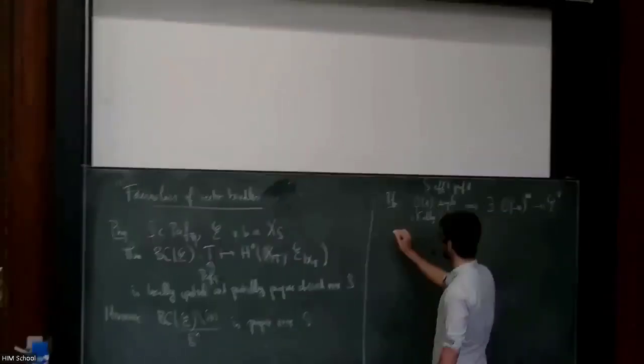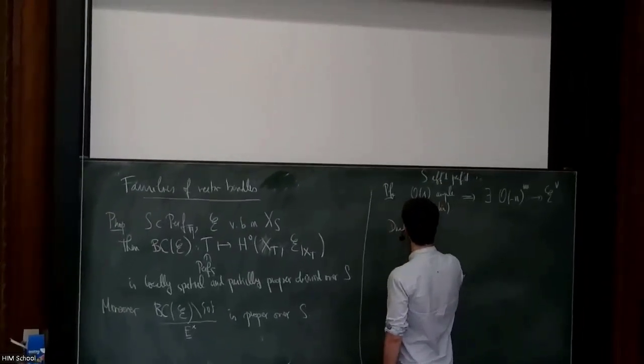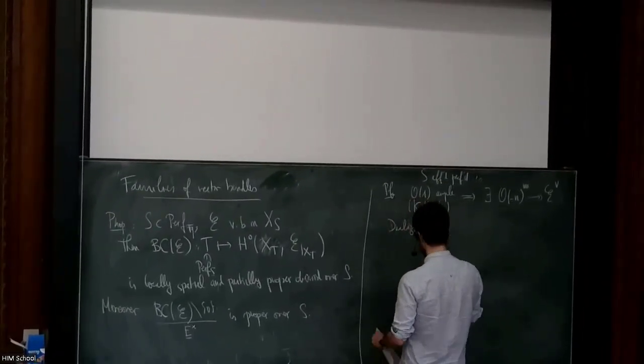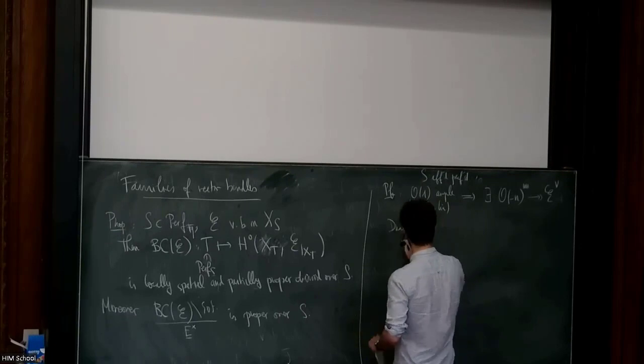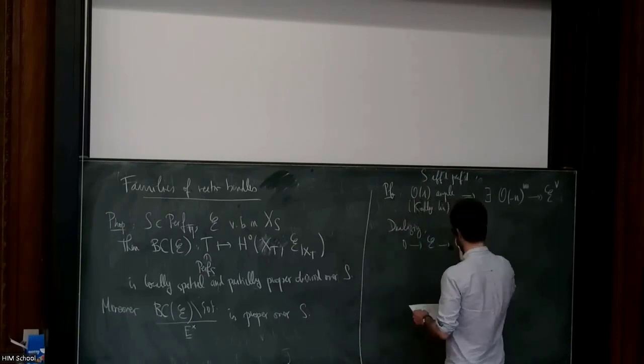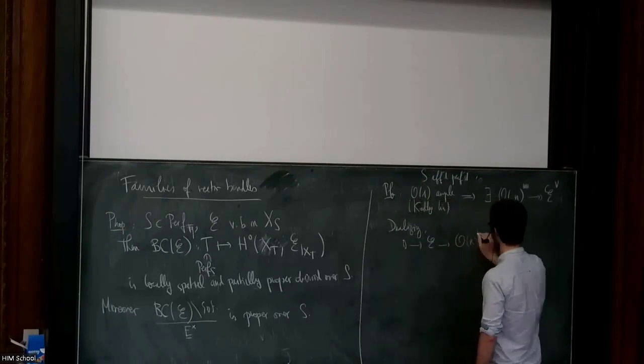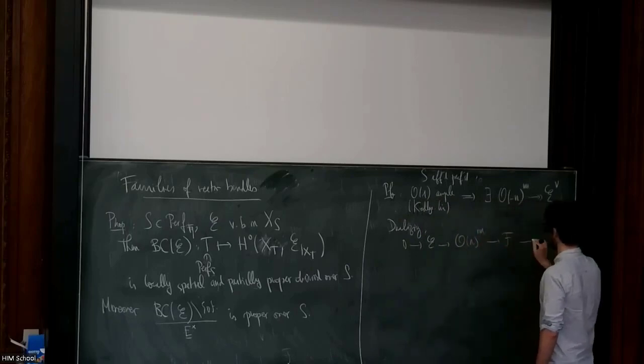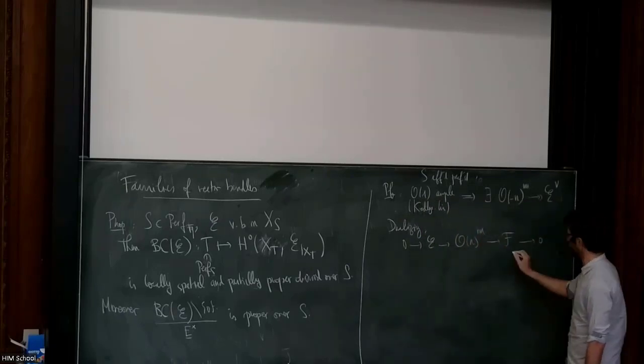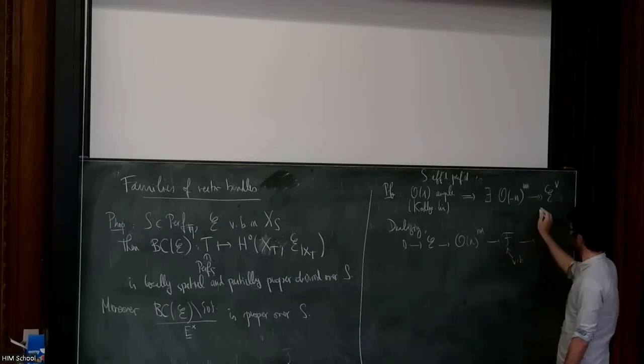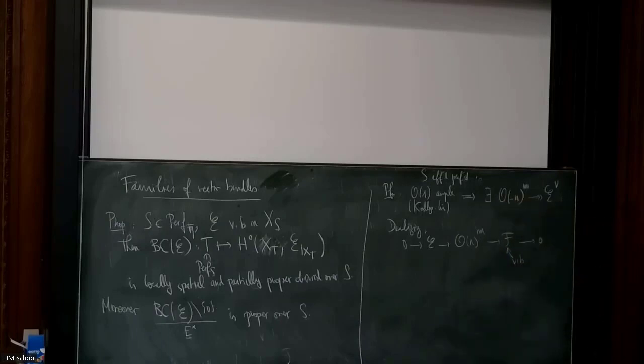And so by dualizing, I deduce that I have a short exact sequence like this, where F is again a vector bundle because it's the dual of the kernel of this map, which is a vector bundle.